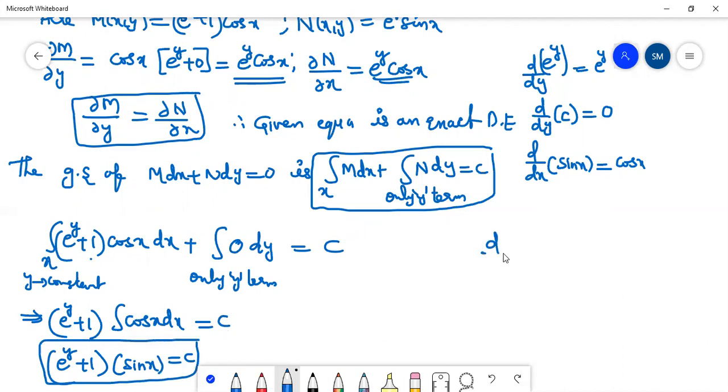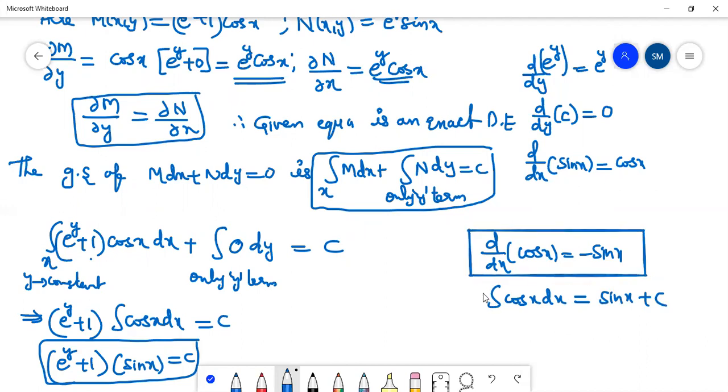We know that the derivative d by dx of cos x is minus sin x, but the integral of cos x is plus sin x. These are the formulas. Integral of sin x is minus cos x. Exactly.